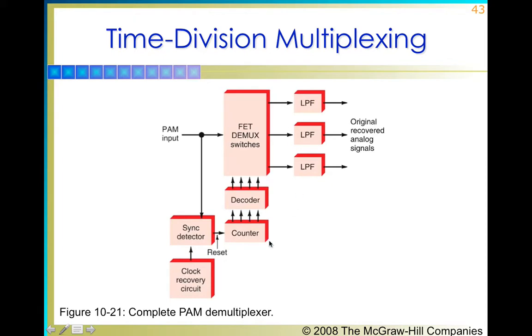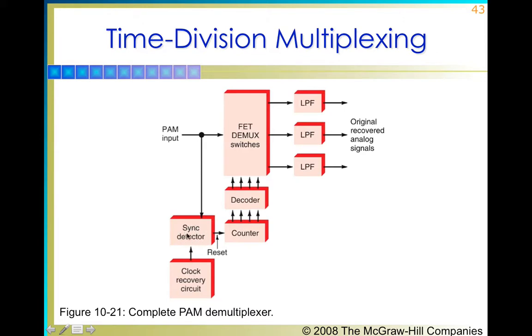Over here you can see that the PAM input, which is the pulse amplitude modulation input, the sampled form representation of a signal, is coming over here. With the help of the comparator circuit we are giving the synchronization pulse over here, and with the help of the clock recovery circuit we are giving the clock pulse over here.